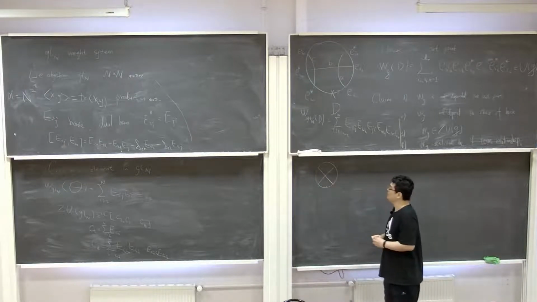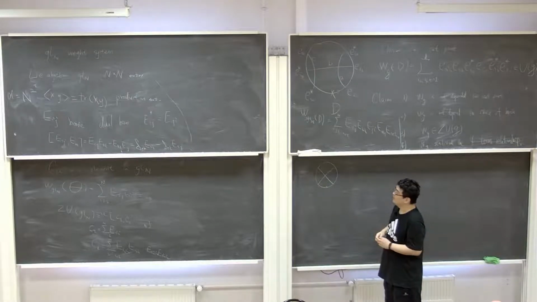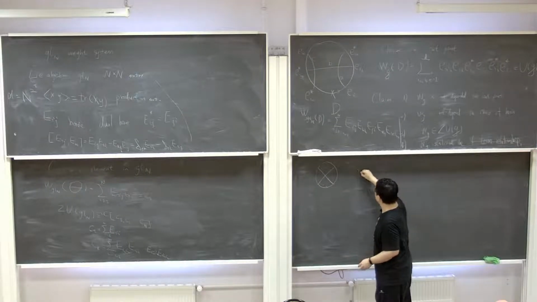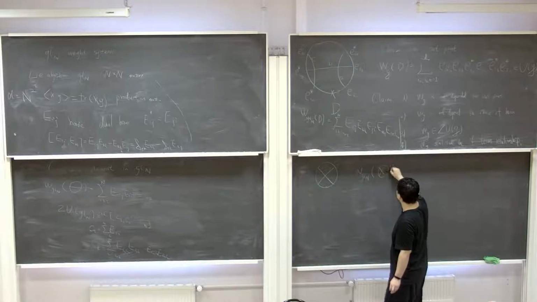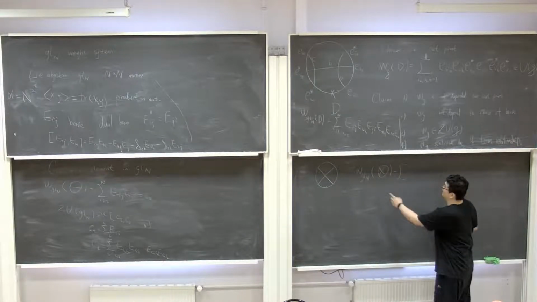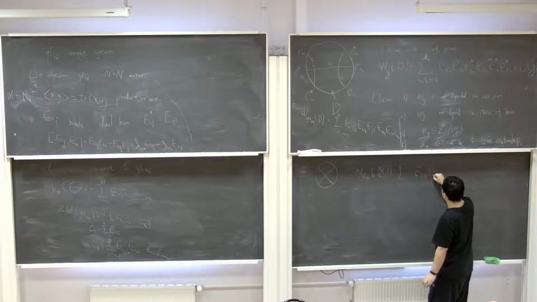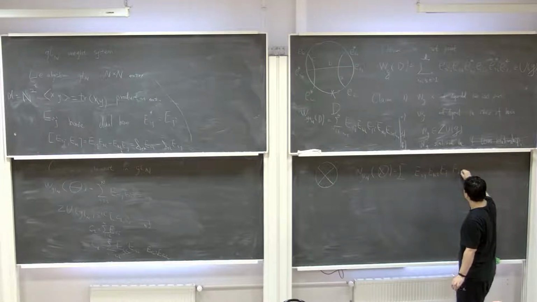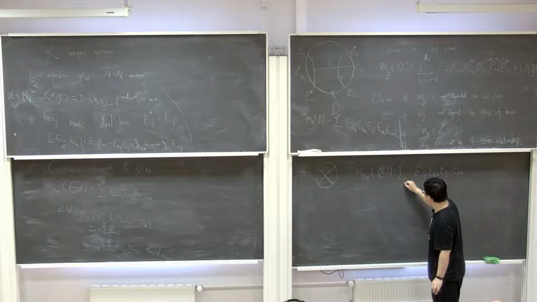This is a chord diagram, and we're trying to calculate the GLN weight system of this chord diagram by following the definition. So it has 4 endpoints, so Eij, Ekl, Eji, Elk, with i, j, k, l from 1 to n.